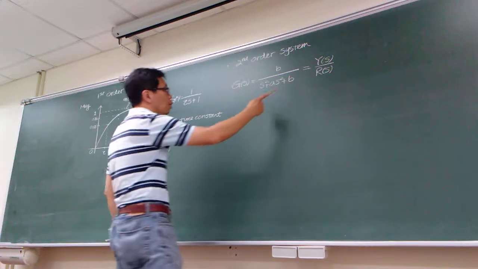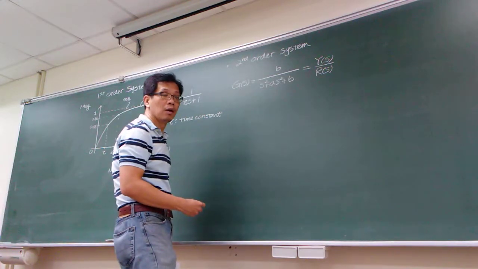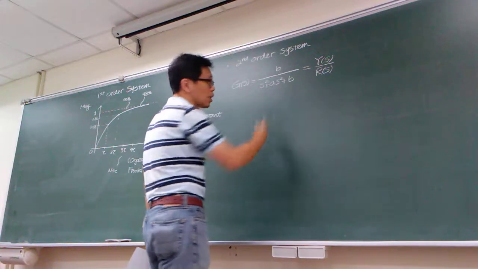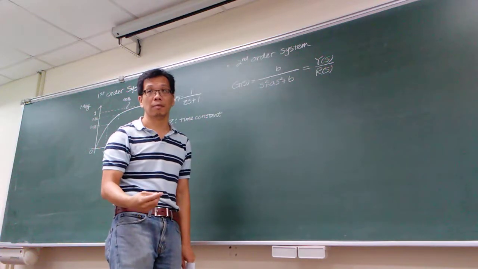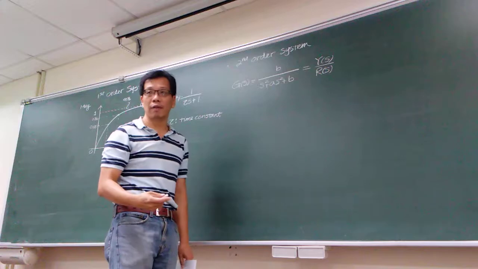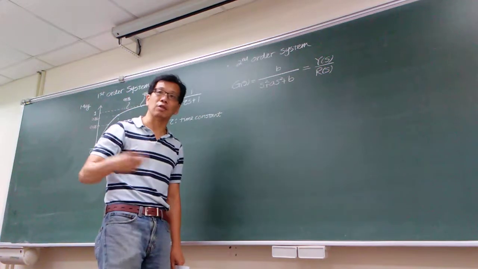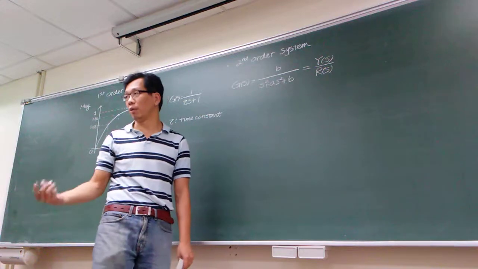Second thing, when we have this kind of format, it doesn't really give us a whole lot of physical meaning, because those coefficients can be anything we want. But when we have a mechanical system, those coefficients actually correspond to specific mechanical properties.